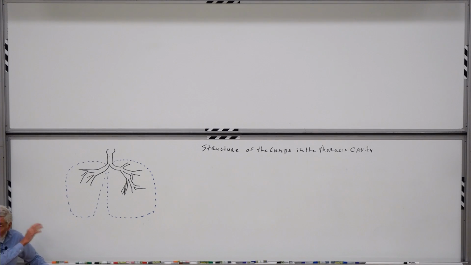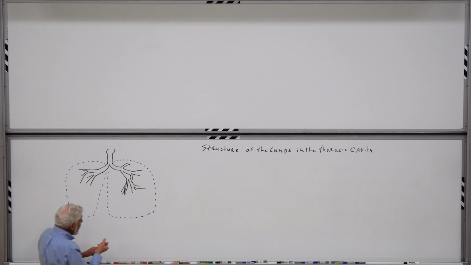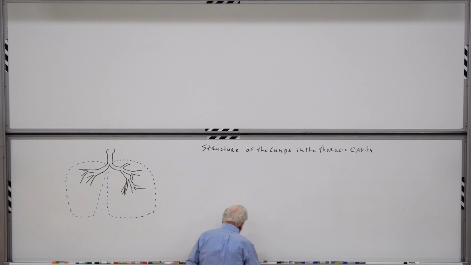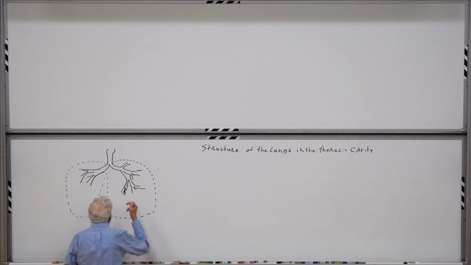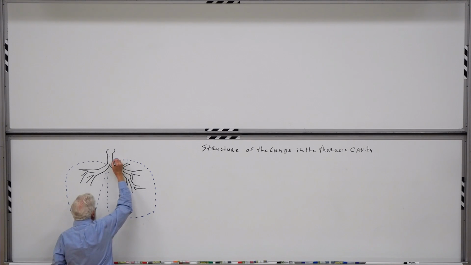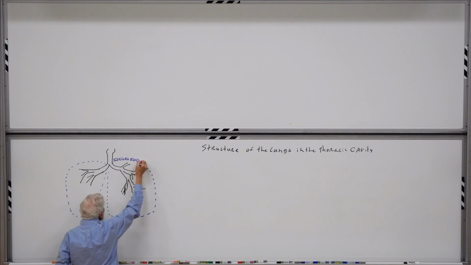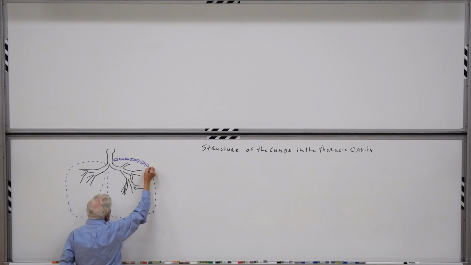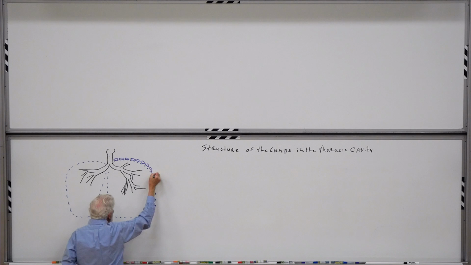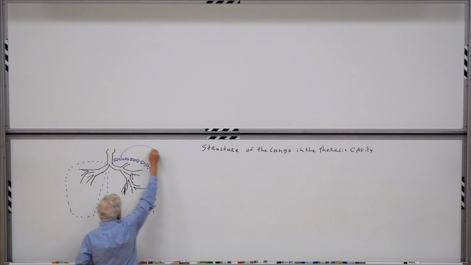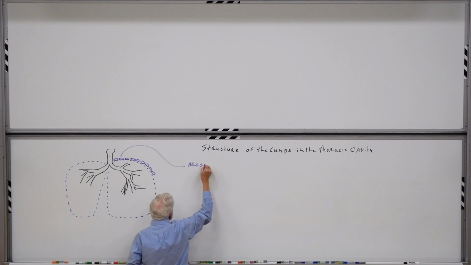We're going to see the same arrangement here, where again, I'll use purple. So there will be a series of these purple cells right along the wall of the lung. These are in fact going to be mesothelial cells.